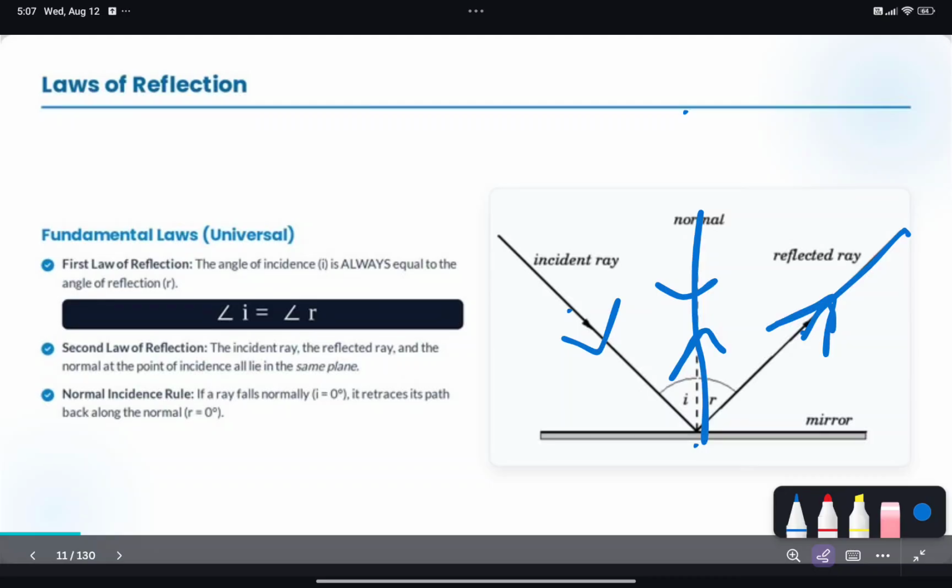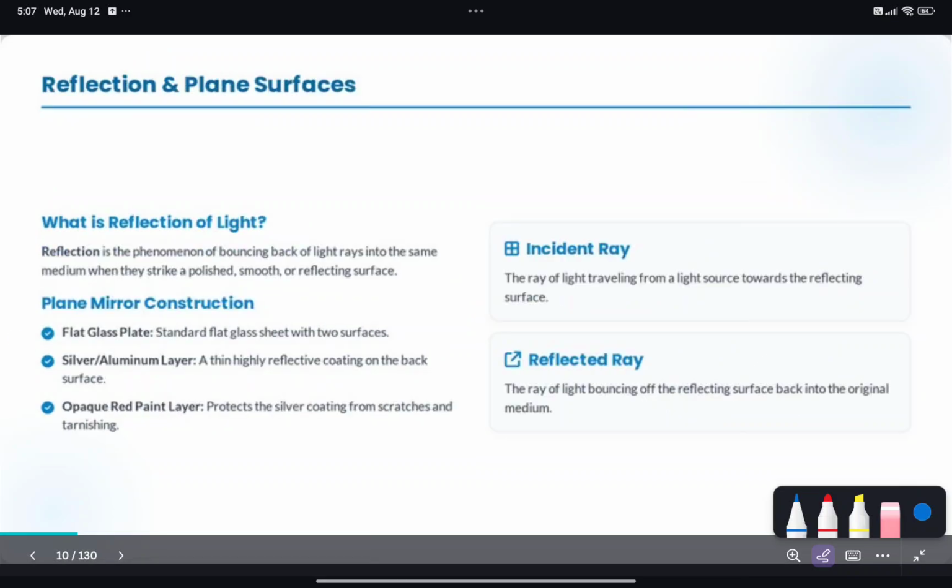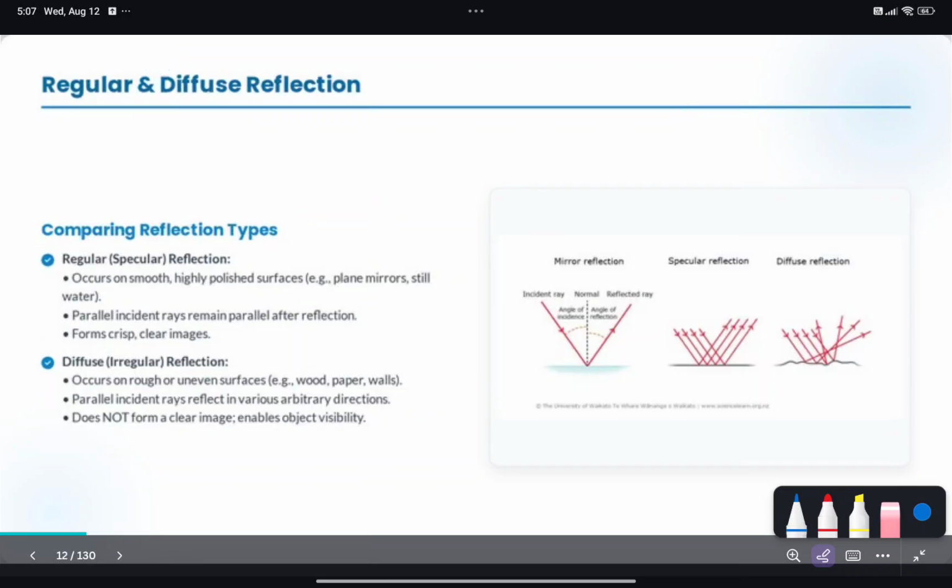Regular surface and irregular surface, or we can call it a diffuse surface.